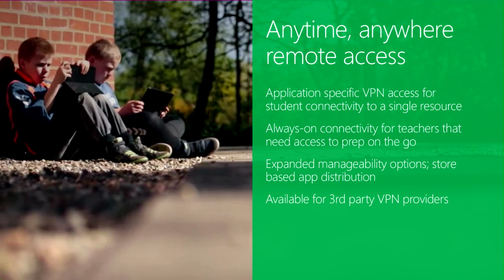But we also now have that concept of application VPN, which has been there since Windows 8. So with Windows 8, we had the application-specific VPN. If we fired up an app and it needed a VPN, we could force the VPN client to connect and get that done.